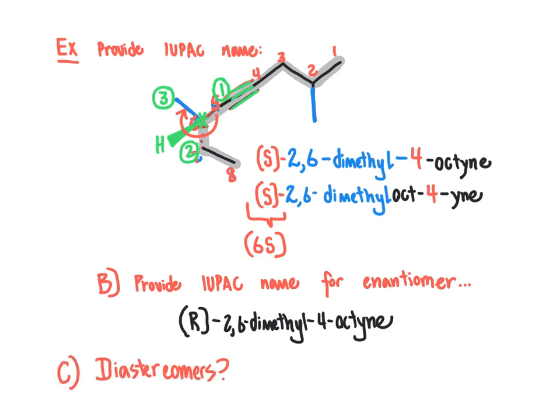Now, if we extended this into part C and asked the name of any diastereomer of this molecule, the answer would be that there are no diastereomers of this molecule, because the total number of stereoisomers, if we apply that 2 to the n rule, where n is the number of locations in the molecule that can have a stereochemistry of RS or EZ, would just give us 2 to the 1 rather, because there's only one stereocenter, one place where we could have RS or EZ.